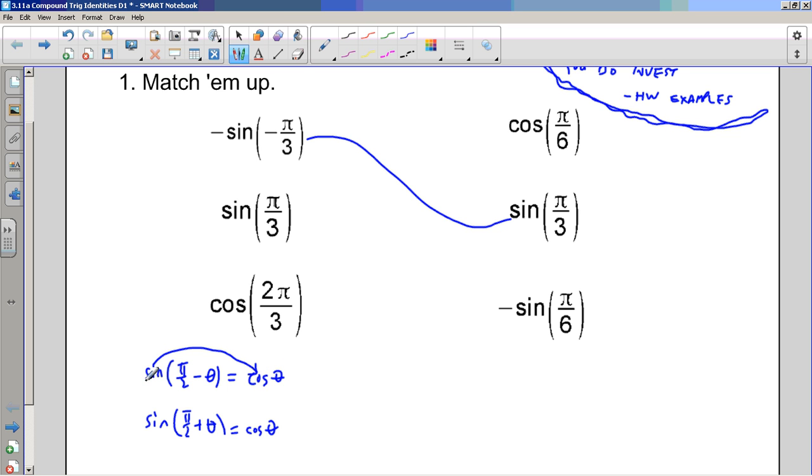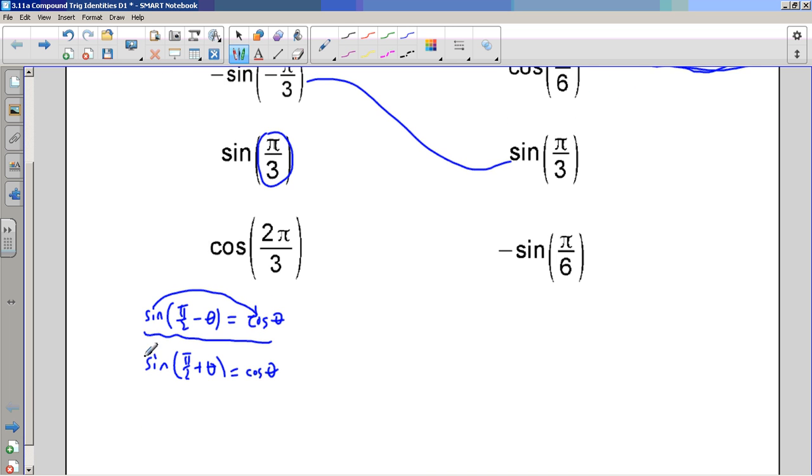So if it's sine, it's cos, and just with the angle, the acute angle theta usually. And so in this case, all I have to do is decide this angle here, is it less than pi over 2 and I've had an acute angle subtracted from it, or added? Well, pi over 3 is in the first quadrant, and so it's got to be this formula. So all I need to do is figure out what theta is.